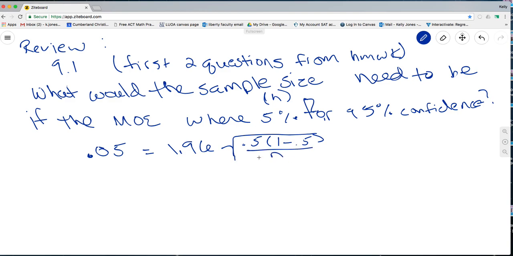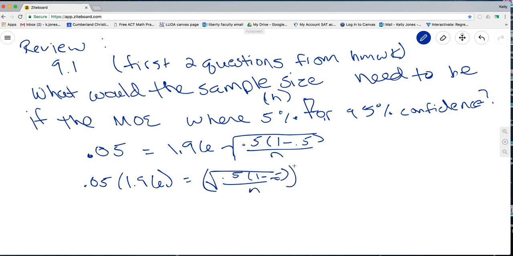So we're doing algebra, and we're trying to move over everything to get the n by itself. And we square both sides.